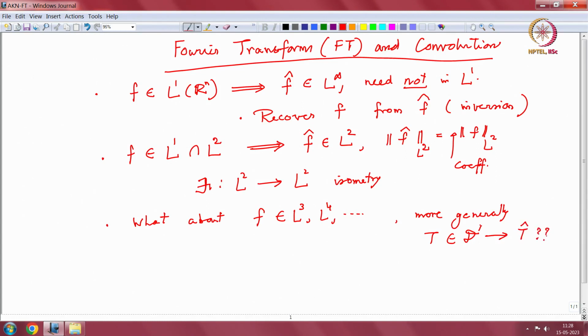So, once T is in D prime, you can define a distribution, its Fourier transform, then immediately L3, Ln are all in D prime. So, you can do that.